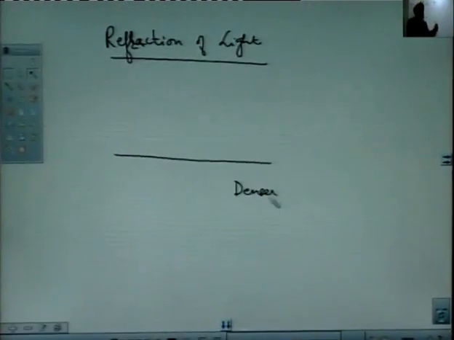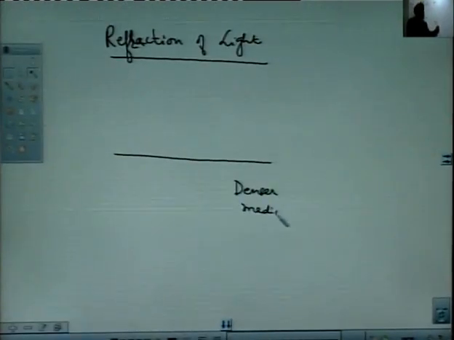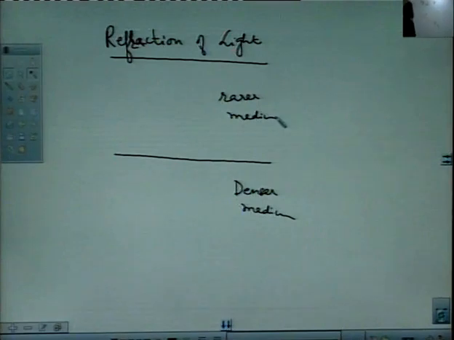Suppose we have a surface separating a denser medium from a rare medium. Rare medium say air, denser medium say glass.